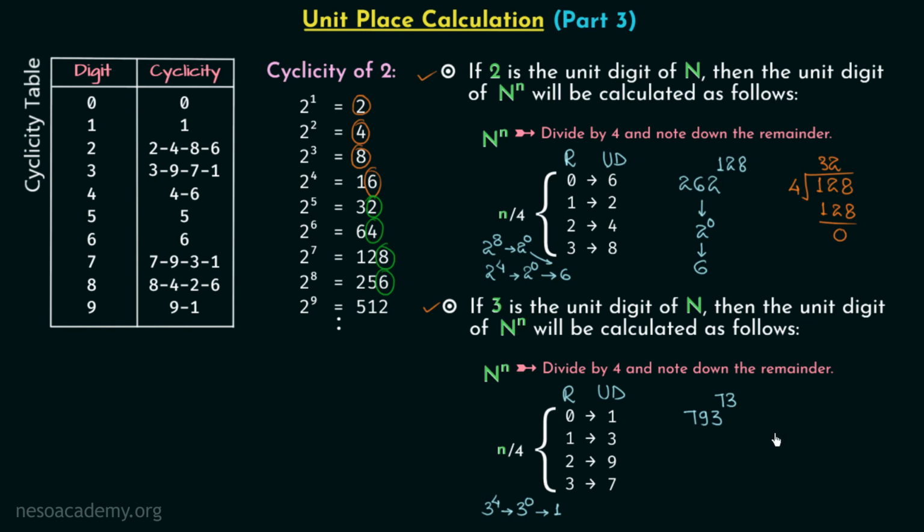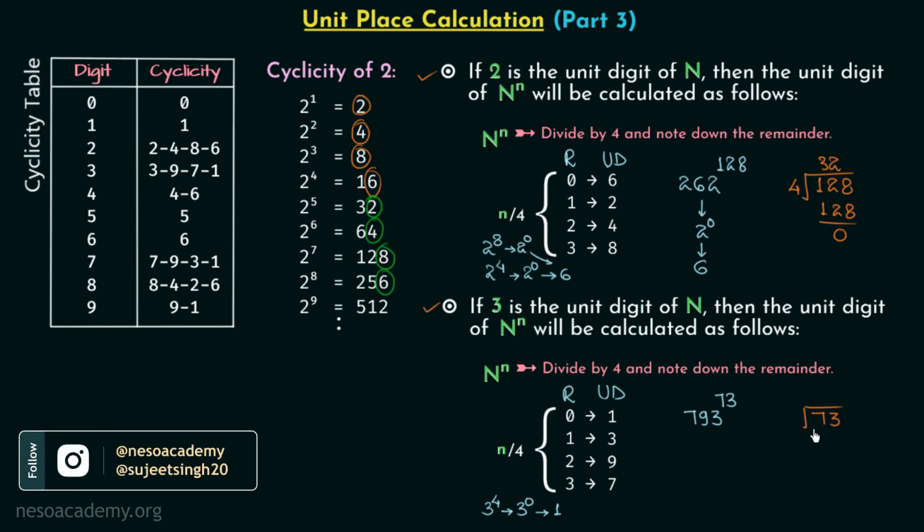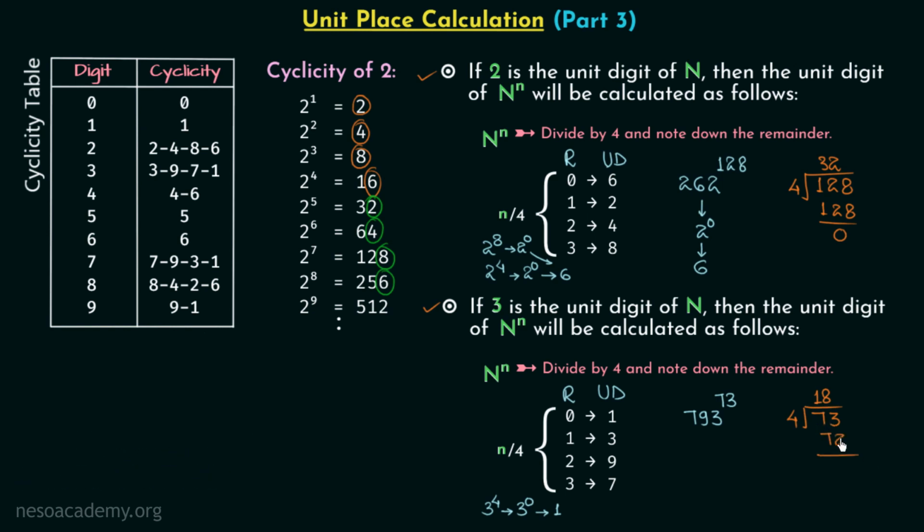The step number 1 is to take the power. 73 is the power, and then we are required to divide 73 by 4. 4 18 times will give us 72. 73 minus 72 will give us 1 as the remainder. So we are getting 1 as the remainder, and therefore we will have 3 power 1, which is equal to 3. So 3 is going to be the digit at unit place of this power. For remainder equal to 1, the unit digit will be 3.